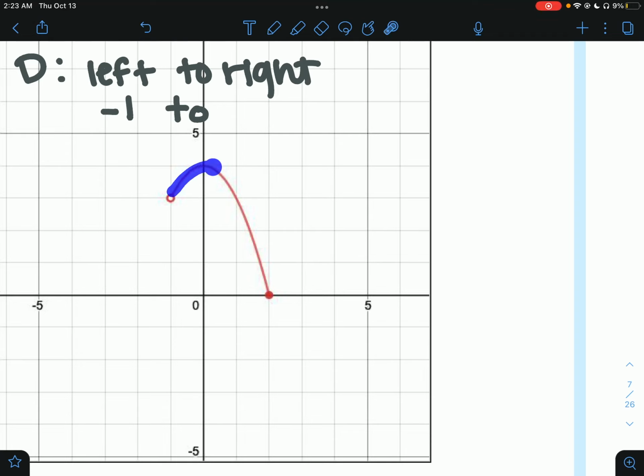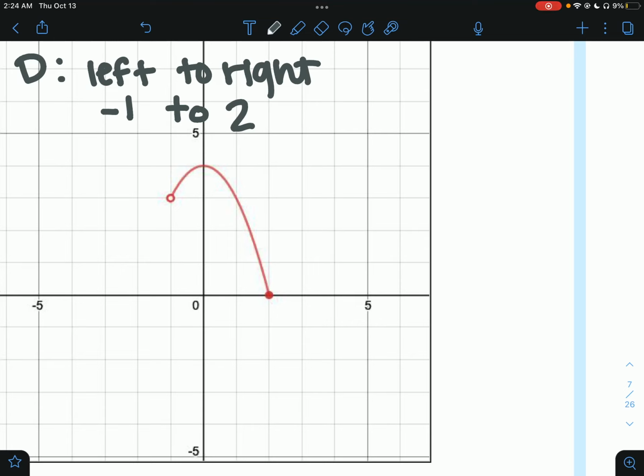So we know we're from -1 to, we're going to do the same thing. If we follow our graph all the way to the right, it's going to stop right here, which has an x value of 2. So our graph would be from -1 to 2. And if you can write this simple word phrase, that's half of our battle. Because now we can turn that into an inequality.